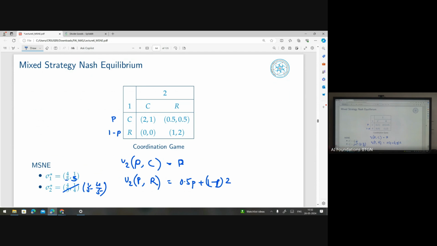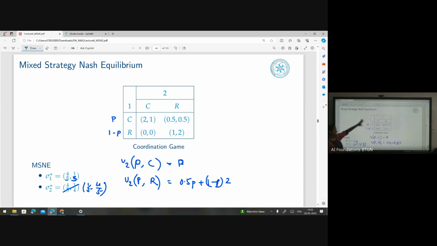Whenever I ask you what is a mixed strategy Nash equilibrium, essentially what you have to do is fix player 2's strategy, assume that he's playing Q, then when will player 1 randomize? For what value of Q will player 1 randomize? You have to calculate the utilities for all these pure strategies, equate them, get a single value of Q, and similarly do it the other way around.